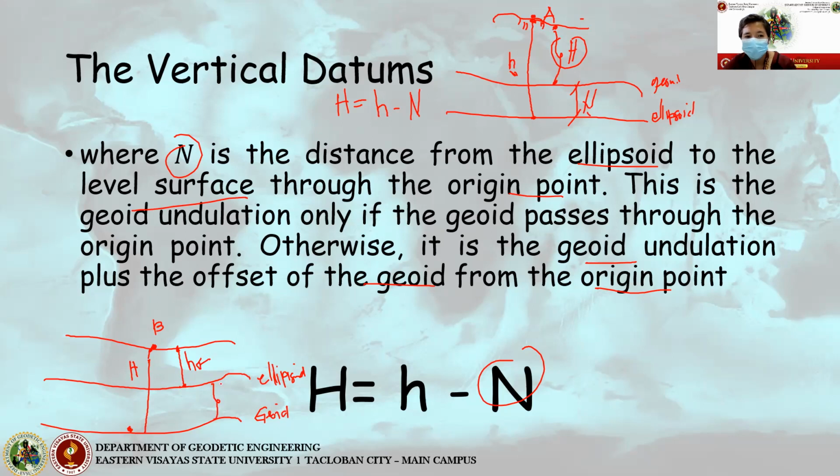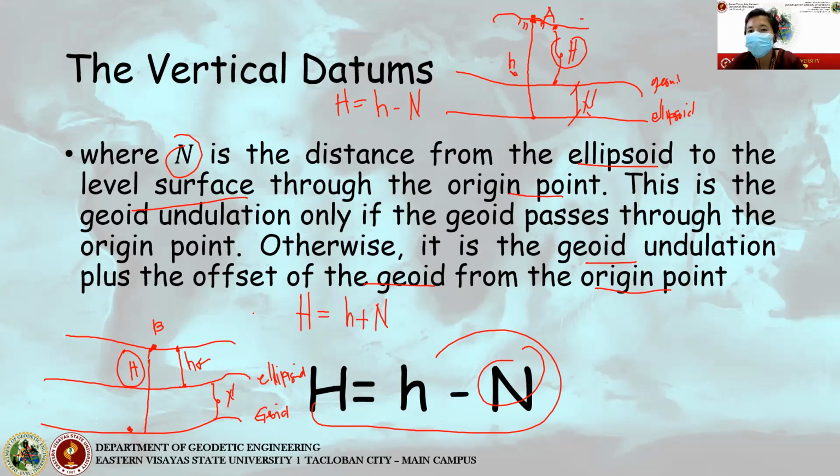So now the formula becomes, since the geoid is below the ellipsoid, your H is equal to h plus N, because this is your h and this is now your N. So this is not always equal to h minus N, because it depends on whether the geoid is below or above the ellipsoid.